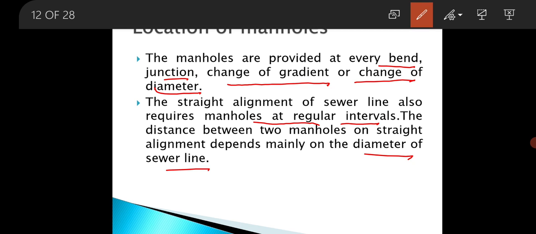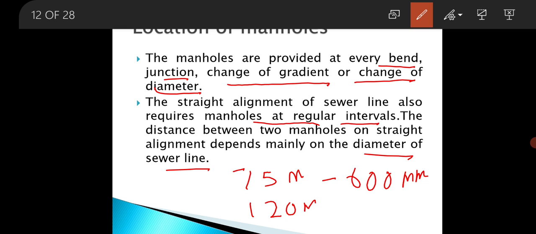It is generally about 75 meter for sewer having diameter up to 600 mm, and about 120 meter in case of sewers having diameter up to 900 mm.